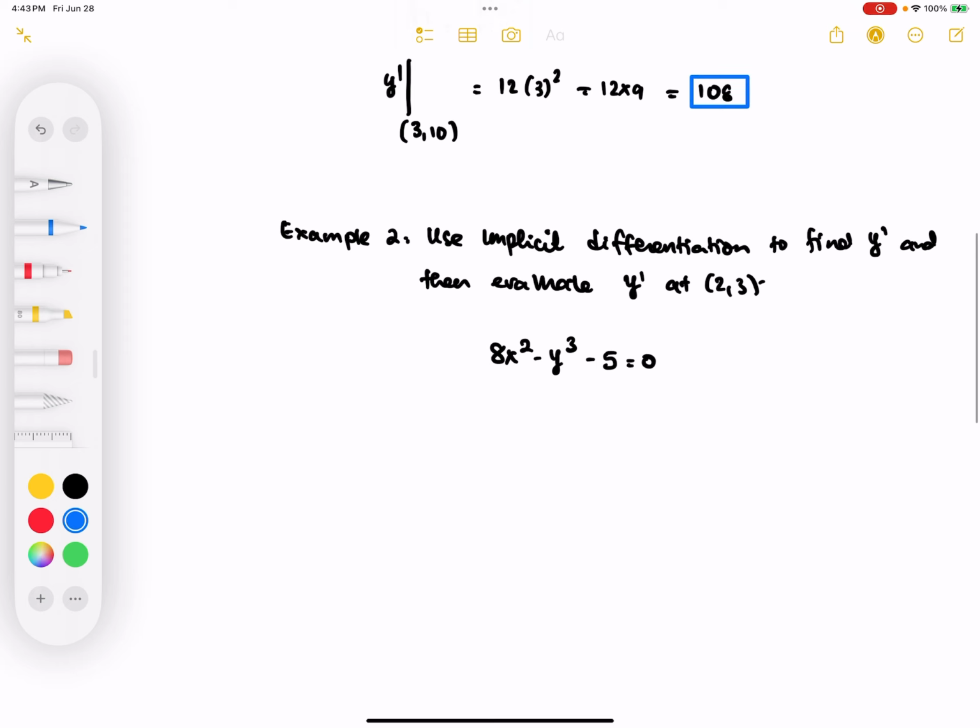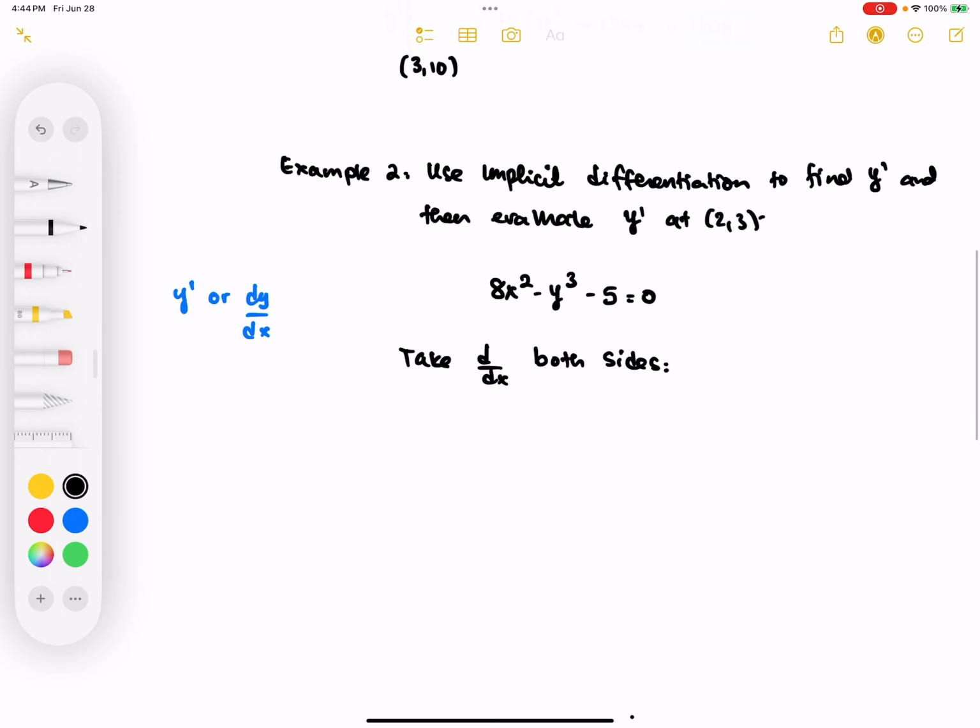Let's see another example. So the procedure is the same. The first step is take d/dx of both sides and isolate y prime or dy/dx. So the notation, remember that I can use y prime or dy/dx. They are the same thing. Now let's do it. Take d/dx of both sides of the equation.